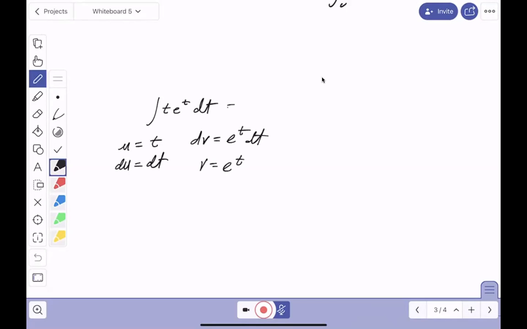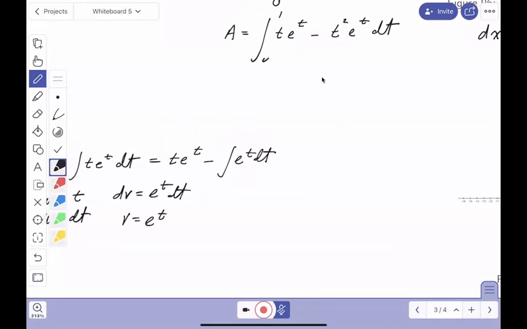Well, this one looks pretty easy to do. What do you get? t e to the t minus the integral of e to the t dt. So this first guy looks pretty easy. Let me write that down: t e to the t minus e to the t, evaluated from 0 to 1.